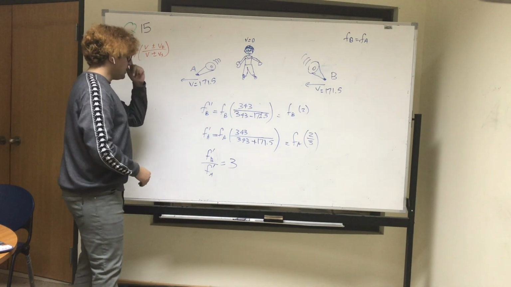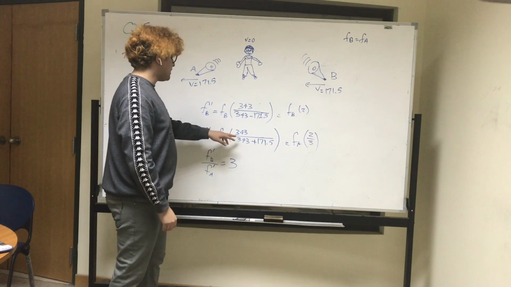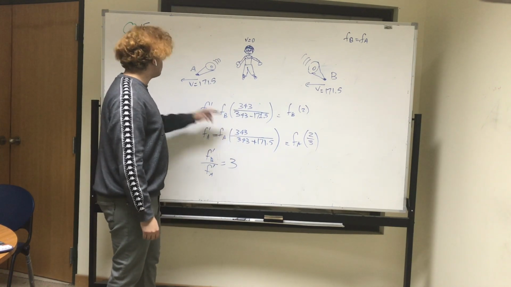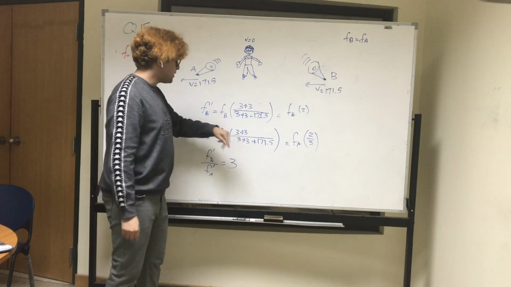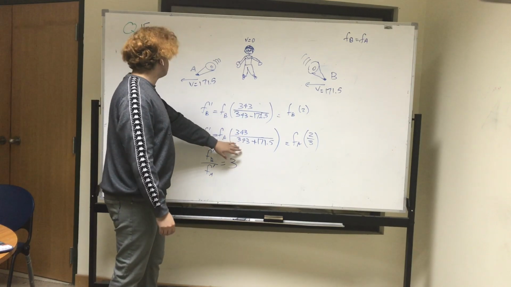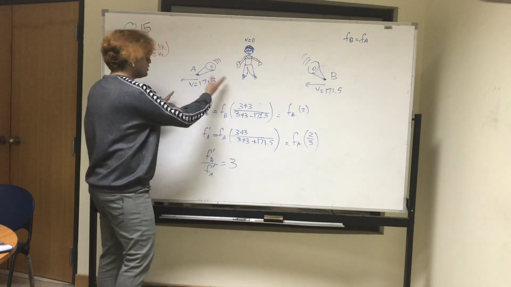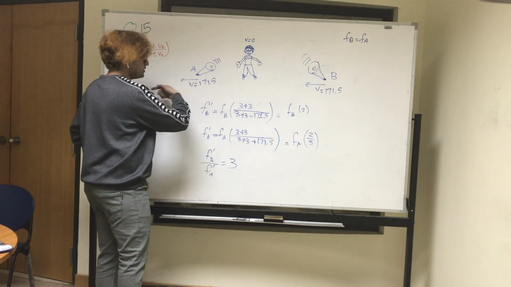Our second equation is basically the same, except for the sign. On the numerator we have the speed of sound, and the speed of the detector is 0. On the denominator we have the speed of sound plus the speed of the source. Here the source is moving away from the detector, as you can see.